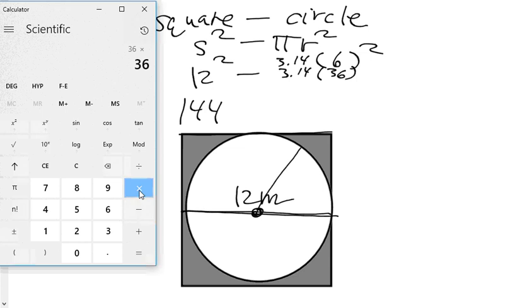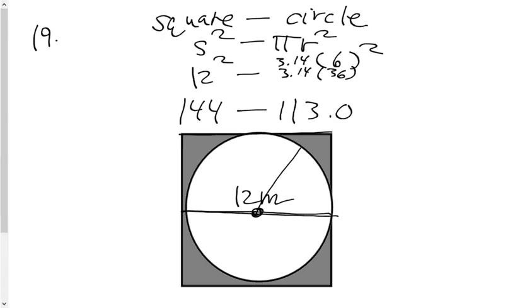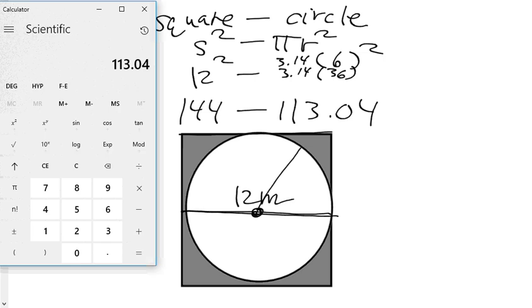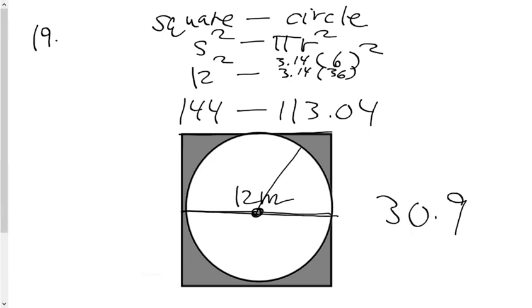Yes, I do. Let's just use 3.14 though. 113.04. So when I take my calculator and go, what's 144 take away 113.04? The answer is 30.96 square meters is the gray.